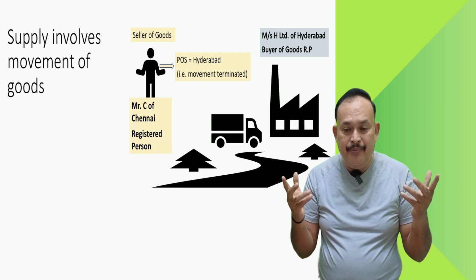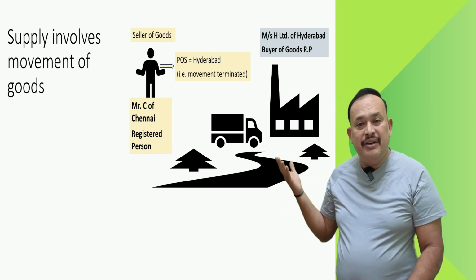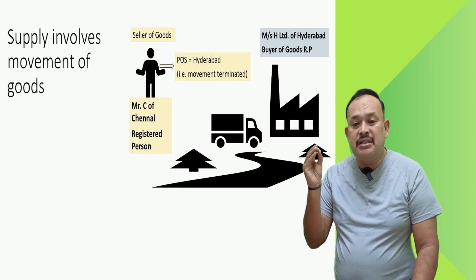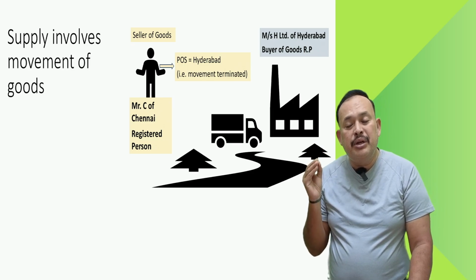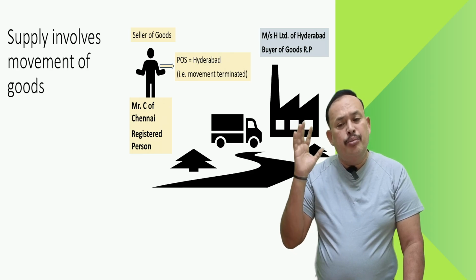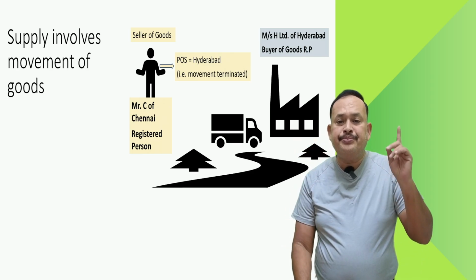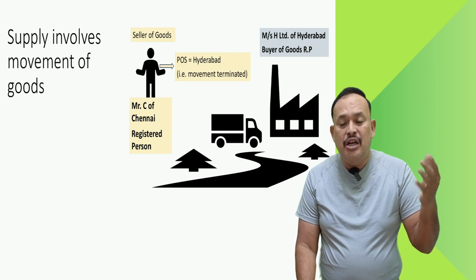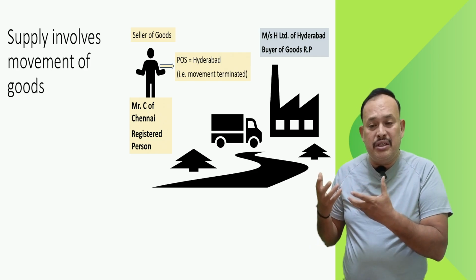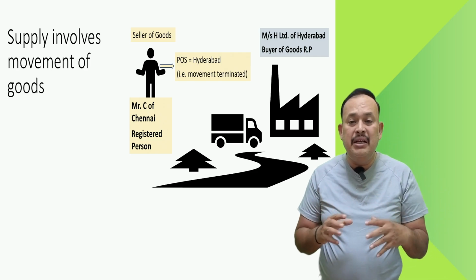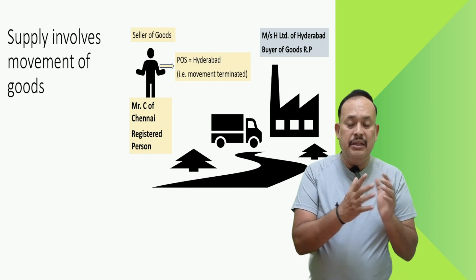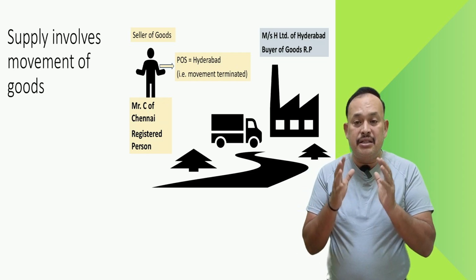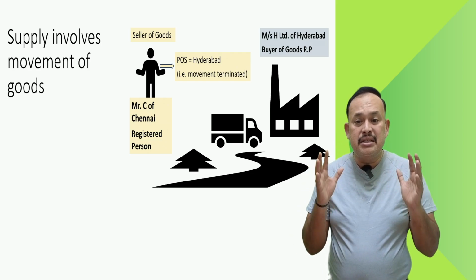Repeating again with the example. In the given case, Mr. C is a supplier of the goods, belongs to Tamil Nadu state. Place of supply goes to Hyderabad, Telangana state. That means different states. Location of supplier in one state, place of supply in the other state. In that case, it is interstate supply.